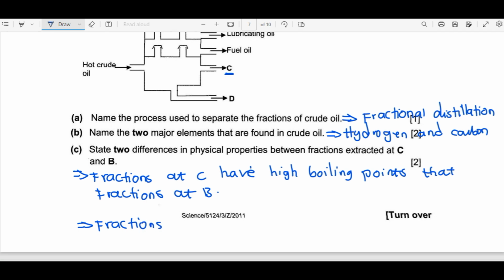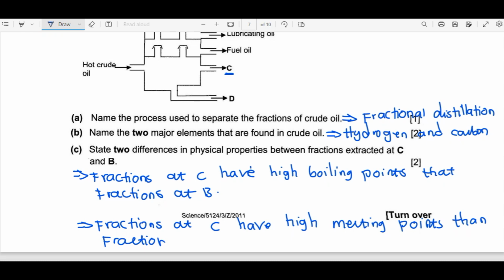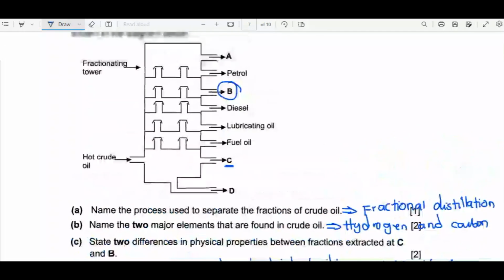So fractions at C have higher melting points than fractions at B. So for this one, if you move down here, the fractions below have higher melting point, boiling point, including the density.